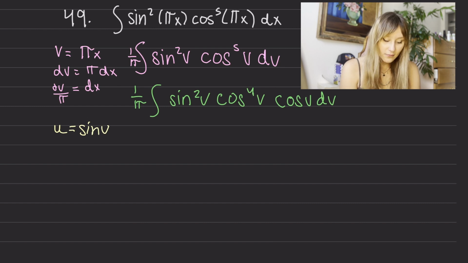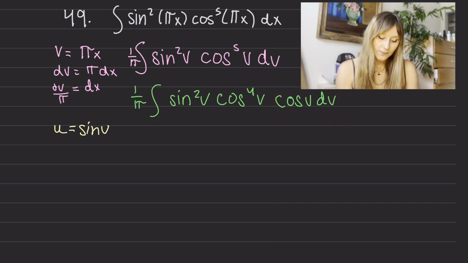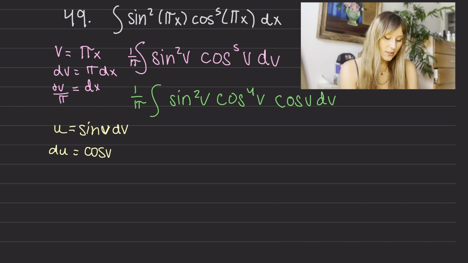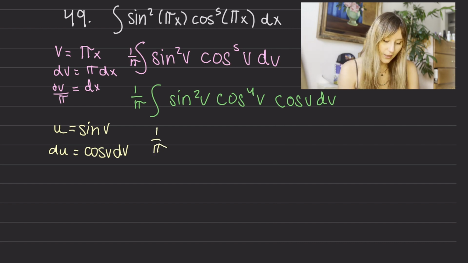We're gonna do sine because that cosine is by itself here. And the derivative of sine is going to be cosine. So we got the u substitution all figured out. We get 1 over pi. This is going to be du.